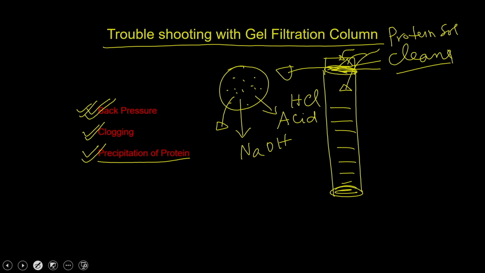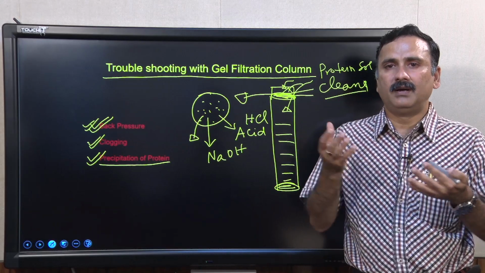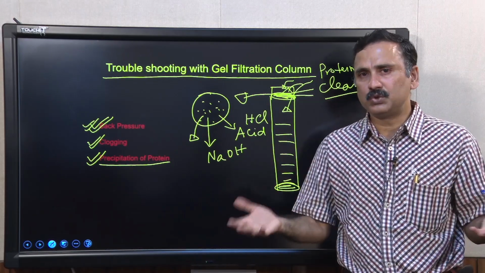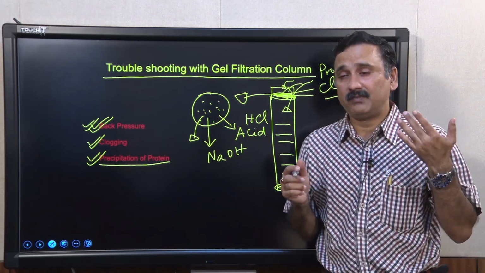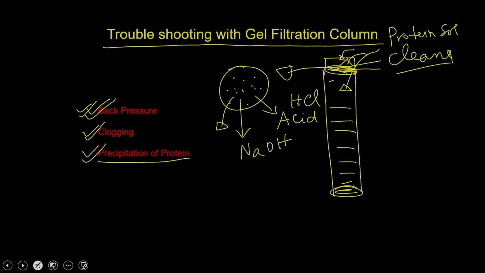Once the protein solution is diluted, it precipitates, because the protein is not stable or some other issues. Once the protein precipitates, it is going to distribute throughout your column, instead of being localized into a few beads or few pores.